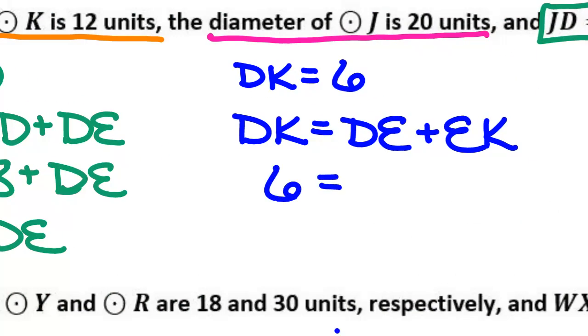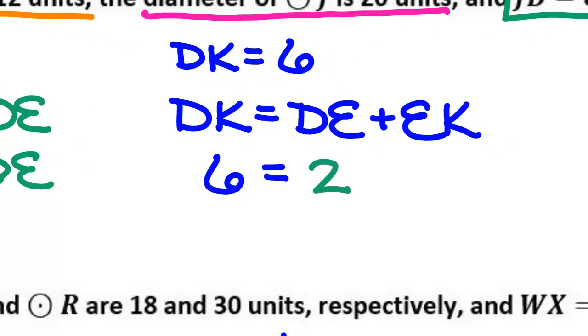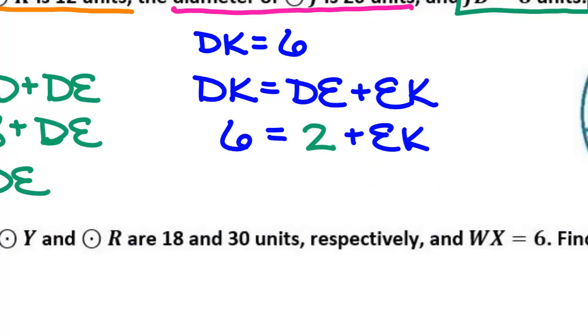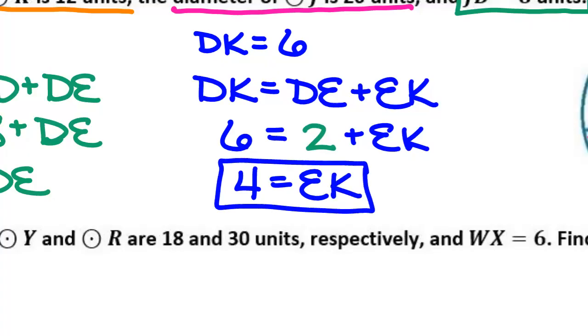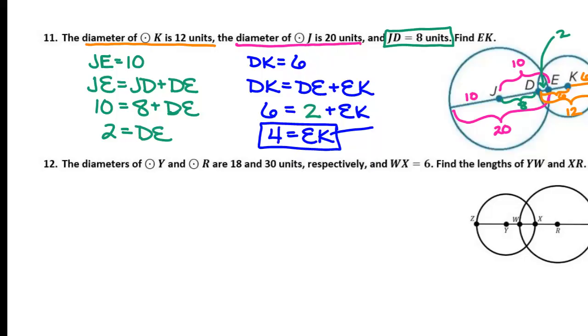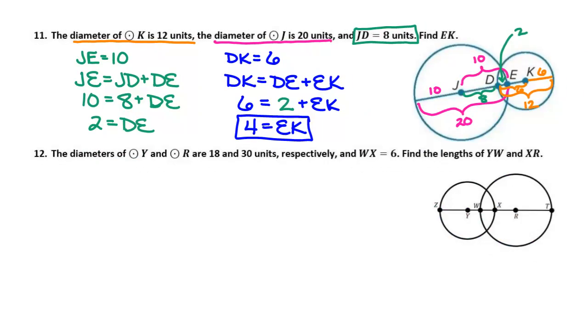How big is DE? DE is 2. So I would have 6 equals 2 plus EK. So how big is EK? 4. No formula for that. We just had to do some successive analyses of what information do we have and what are we trying to find.